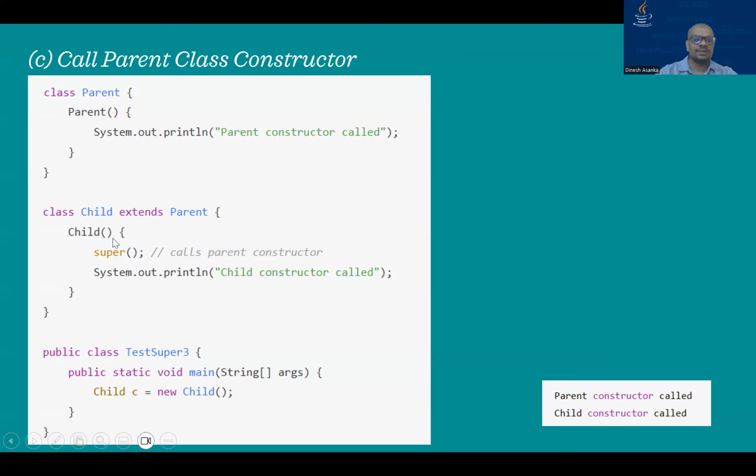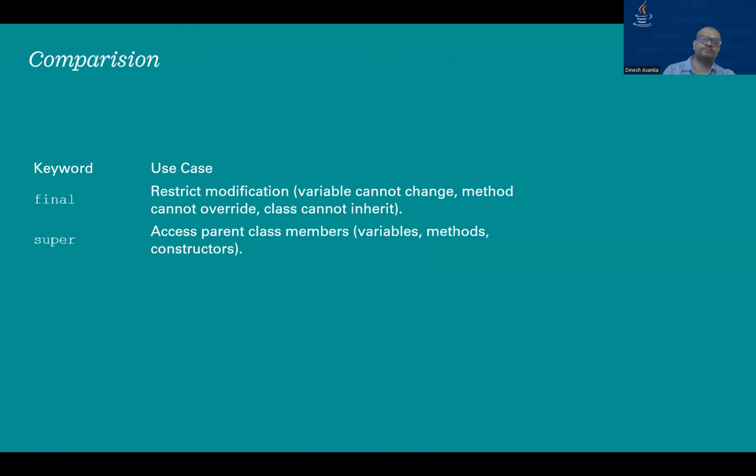When the constructor is called, I want to call the parent constructor first. Probably there are some variables in the parent class that I cannot access from here. So what I can do is call the parent class constructor in the subclass. That is where we use the super keyword in the constructor to call a constructor.